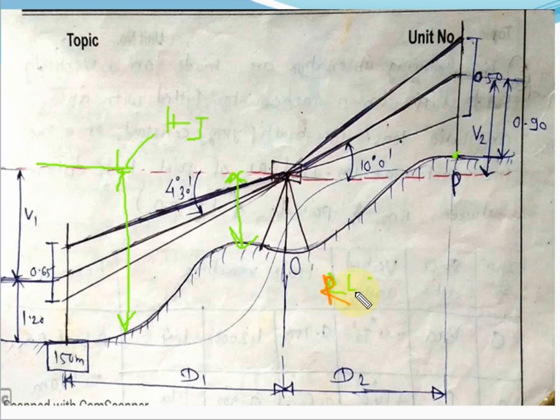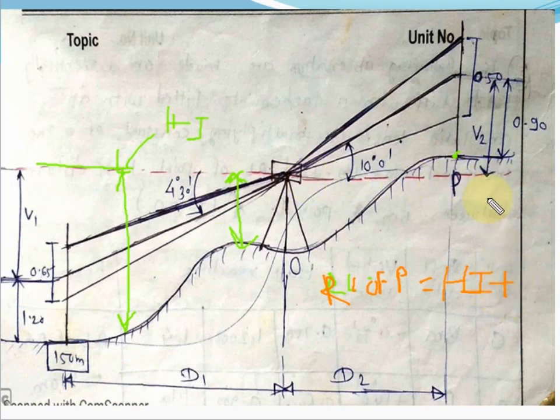RL of P is equal to the height of the instrument axis. Already we calculated the height of the instrument, 150 plus 1.2 plus V1.